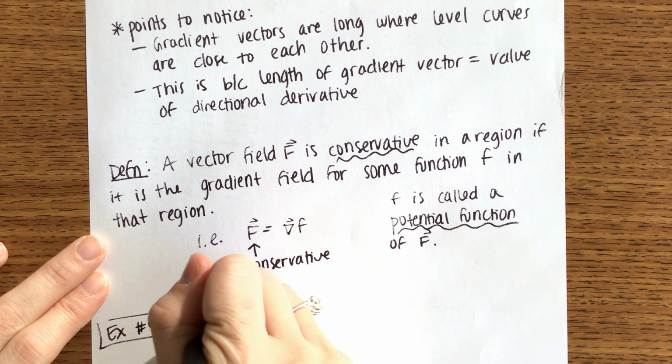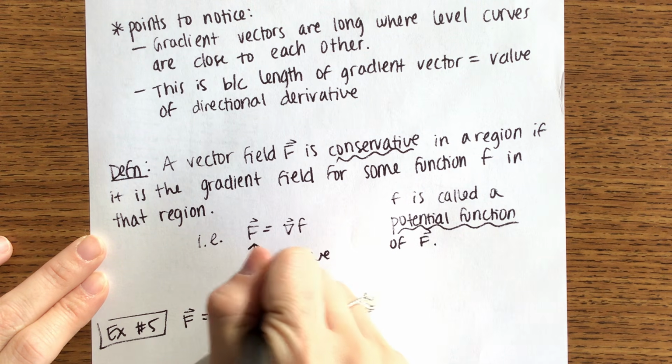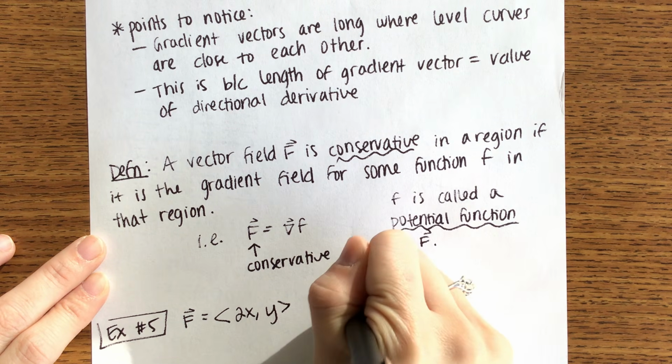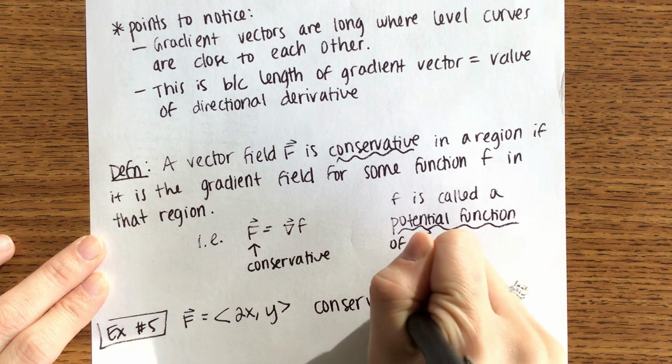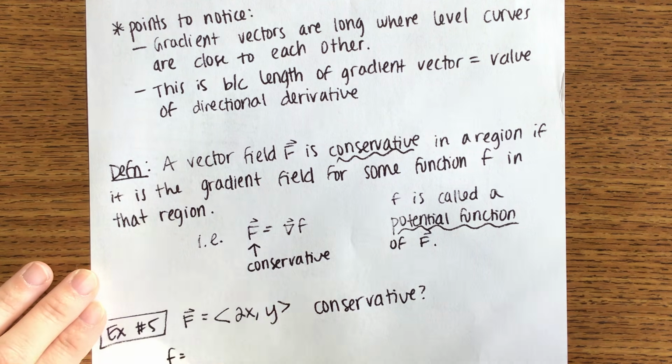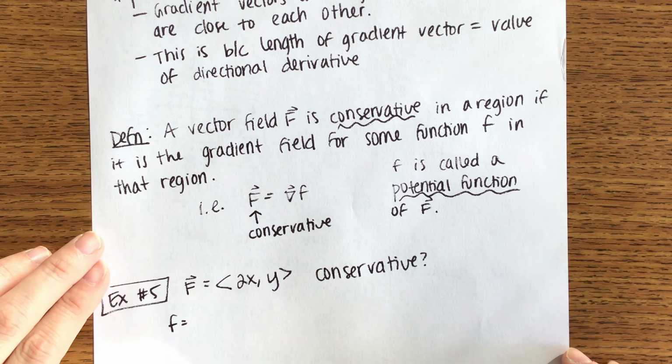So let's consider the vector field with components 2x and y. I want to know, is this vector field conservative? In order for it to be conservative, it has to have some potential function f. Okay.